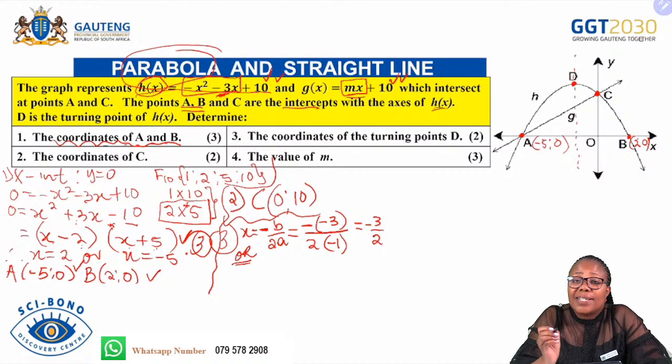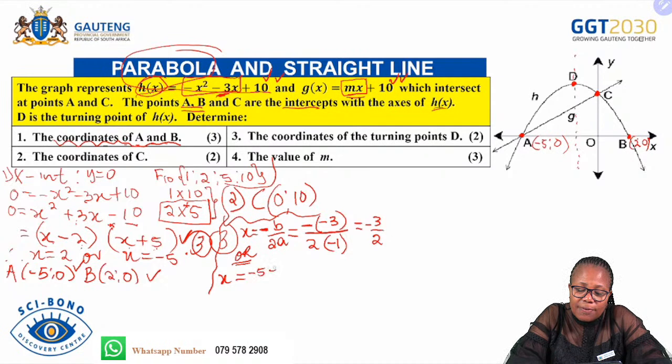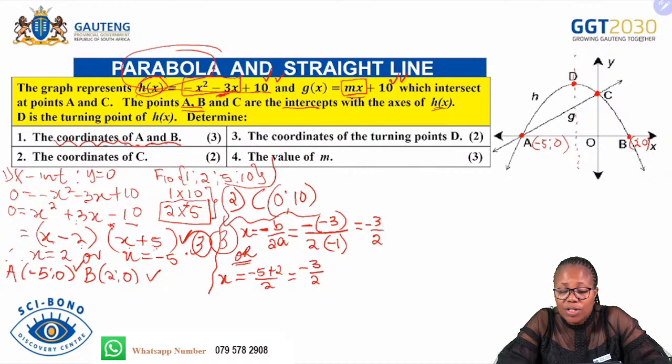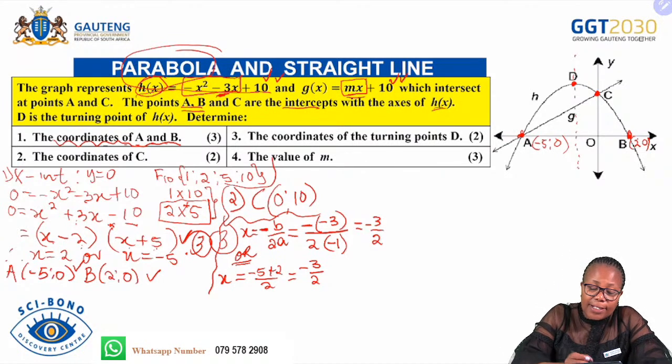So with analytical, remember when you did midpoint, we will say x1 plus x2 or x2 plus x1. That will be minus 5 plus 2 divided by 2. Can you see, grade 12? You still end up with the same answer, minus 3 over 2. This one is only applicable if you have your x-intercepts.